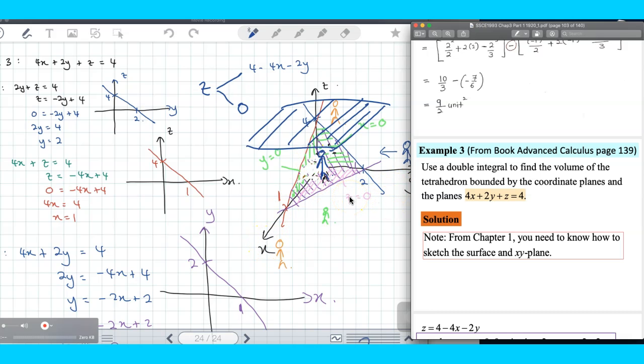Now ask yourself, if you are standing along the z, and you are looking down, what is the dominant shape on the xy plane that you can see? I repeat, you are standing along the z. Why am I standing here, why don't I stand over here? Because just now you said that your region is on xy. So meaning that when we did the tracing before this, how can you have the xy plane when we set z equal to some value, right? Which means that you are standing along the z.